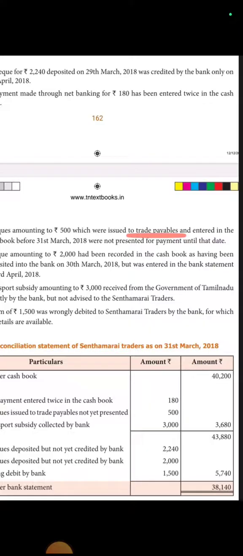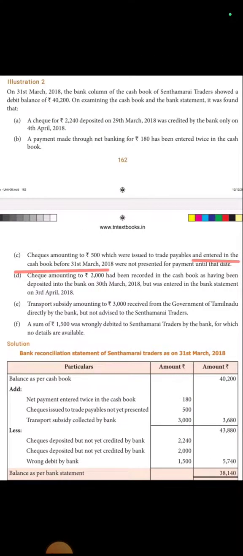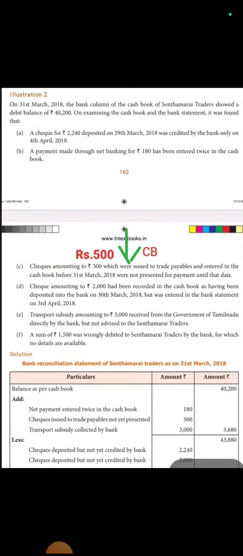After issuing a check, we immediately subtract it in our cash book, right? Because our cash book will be decreased. So immediately we enter that 500 rupees in our cash book.